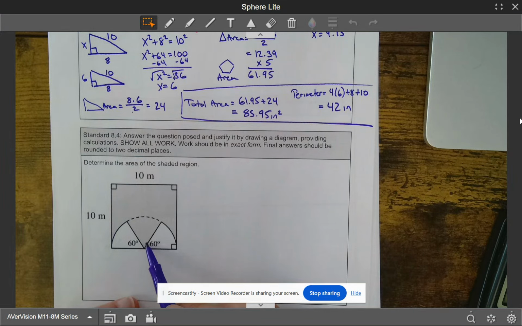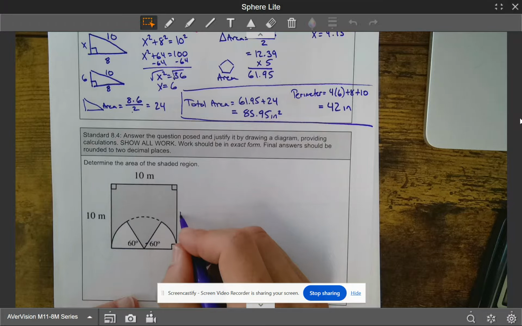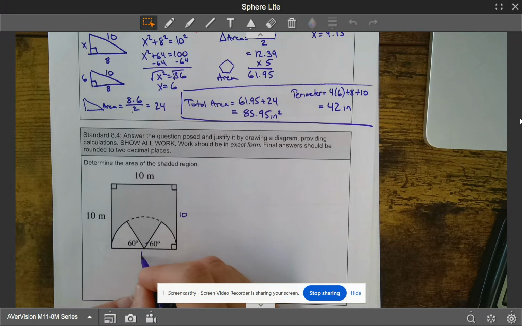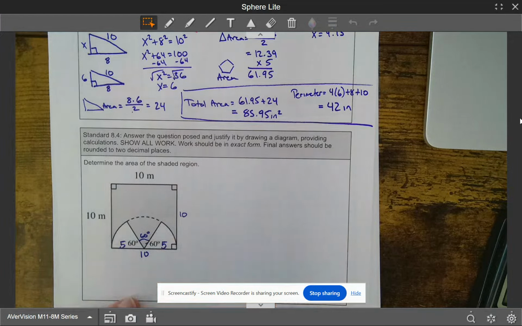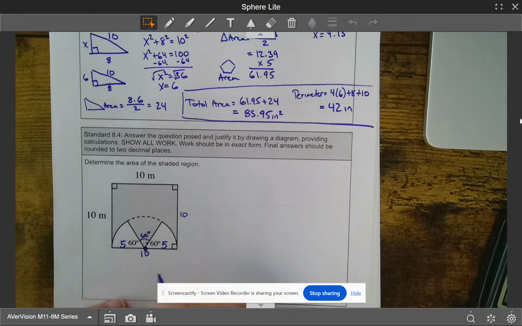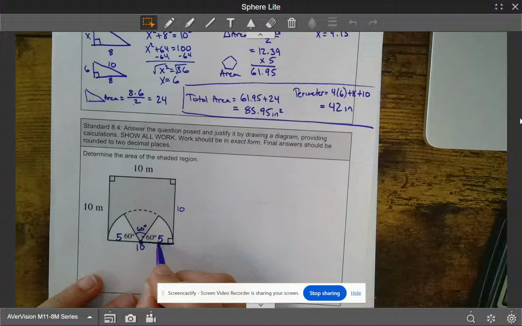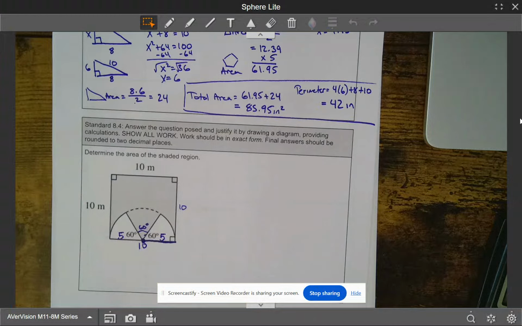Okay, now I see the square, the sides are 10, which means this side's 10, which means this side is 10. Now, if this is a semicircle, and those are both 60 degrees, that means this angle is 60 degrees. That means this is split in half. This side is 5. That's 5 right there. That might be helpful for telling us the radius of that circle that's right there.